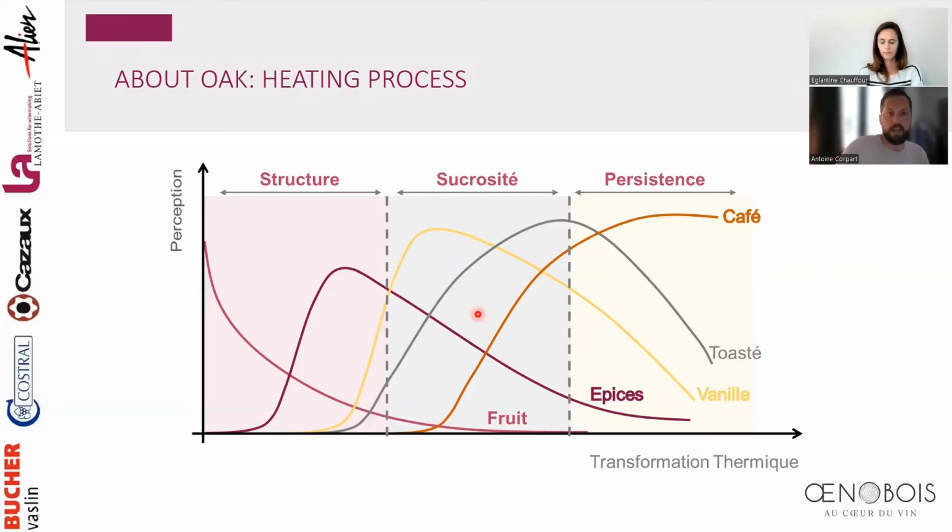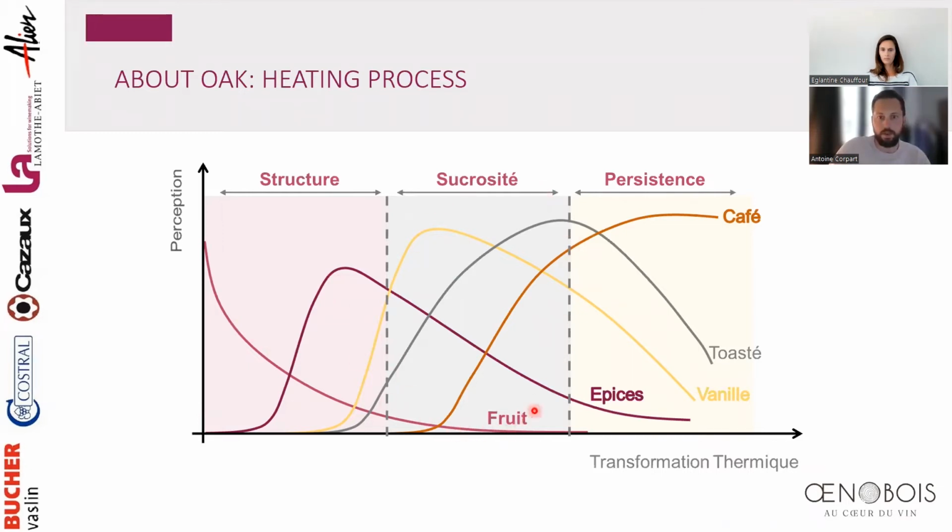Here, in more detail, we can see different heating processes. With the low heating, we are looking for more structure, more concentration, and more fruits and spices for the wine.